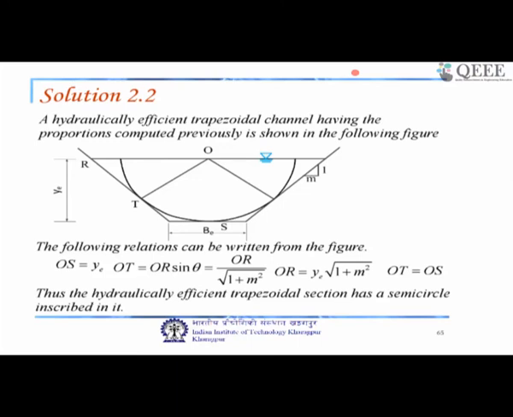If this angle is theta, then sin theta is 1 by root over 1 plus m squared, so OT equals y e over root over 1 plus m squared. That means OT and OS, these two quantities, are the same. Thus, the hydraulically efficient trapezoidal section has a semicircle inscribed in it.